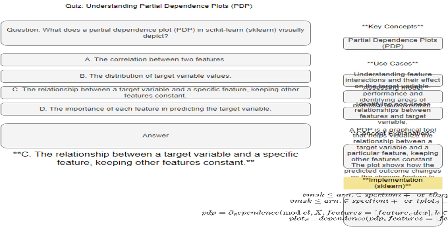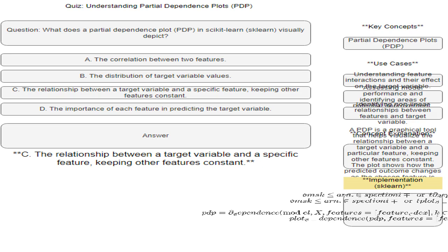The partial dependence function calculates the average predicted values of the target variable over all possible combinations of values for the other features, keeping the chosen feature fixed. The plot partial dependence function then plots the calculated partial dependence values against a chosen feature.